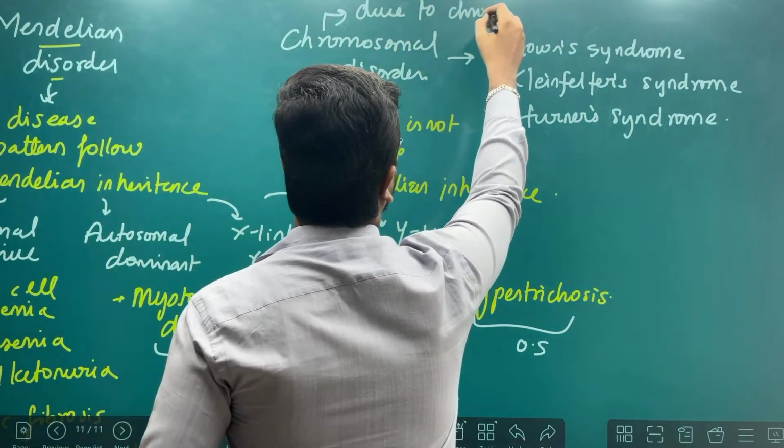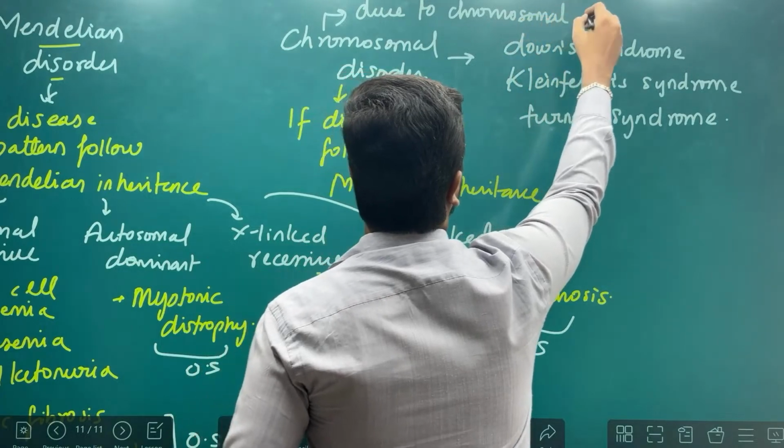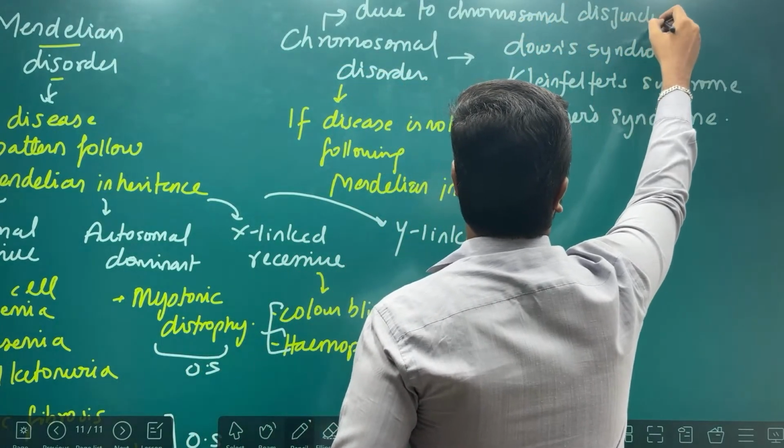Chromosomal disorder happens due to chromosomal disjunction. What is disjunction?